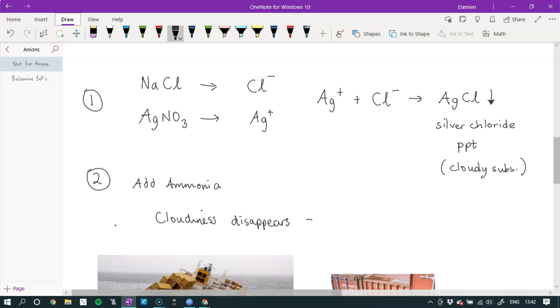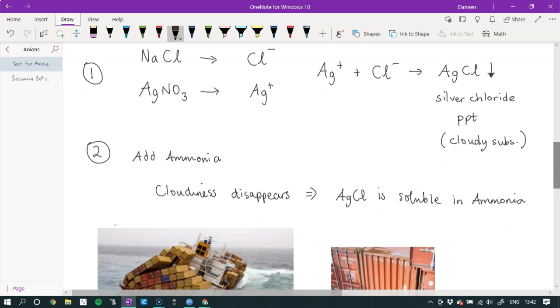You have to give the reason why the cloudiness disappears: silver chloride, which is AgCl, is soluble in ammonia. So this wouldn't disappear if there were no chloride ions. And that's essentially that first experiment.